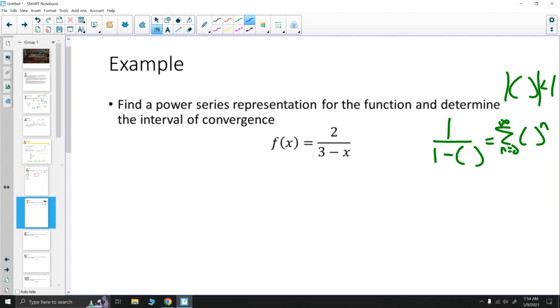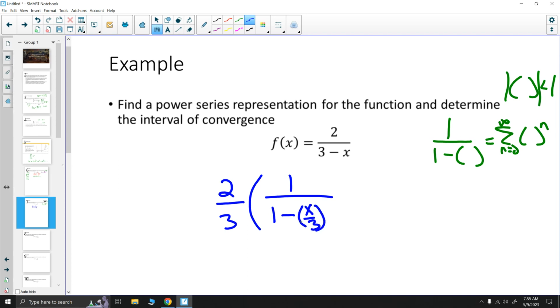Okay, so first of all, how do we make this 2 into a 1? Well, we factor it out. Pull the 2 out, and that will leave behind 1. Now on the bottom, how can we make this 3 into a 1? Well, we can factor out a 3. What's left behind is 3 divided by 3 is 1, minus x divided by 3, which is x over 3.